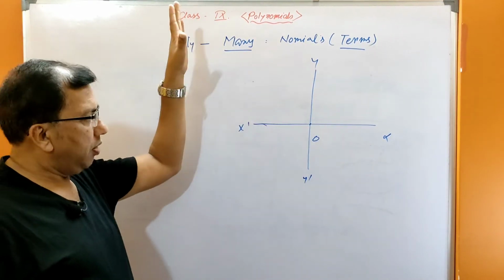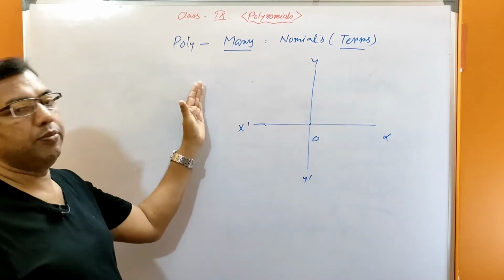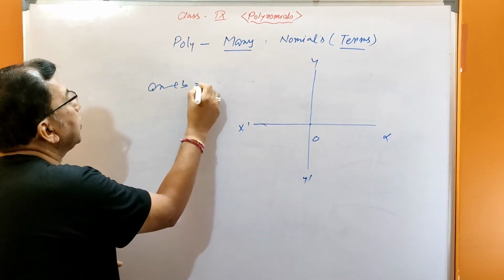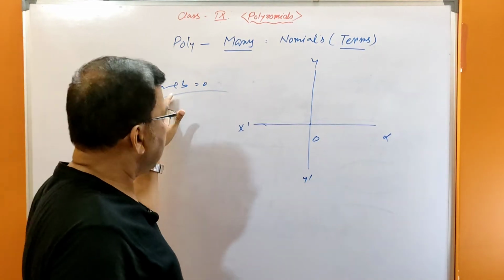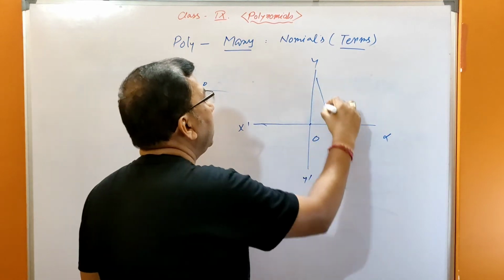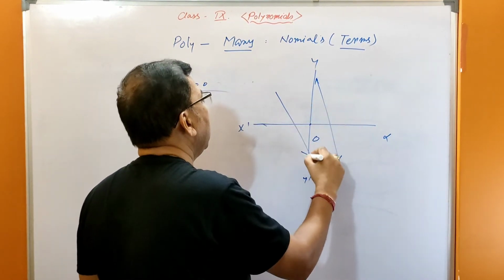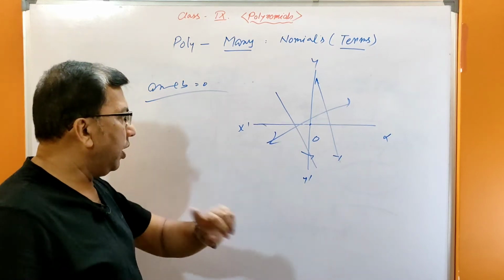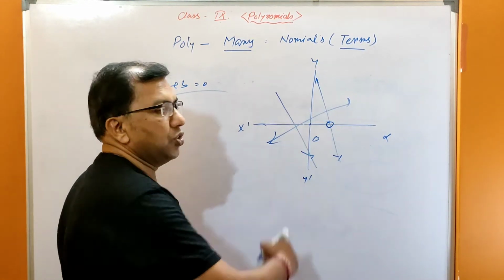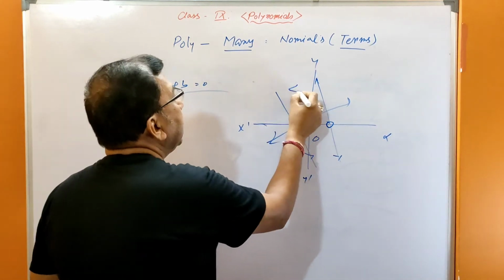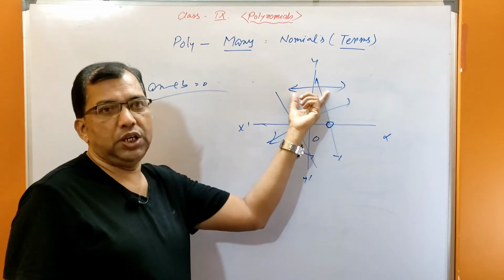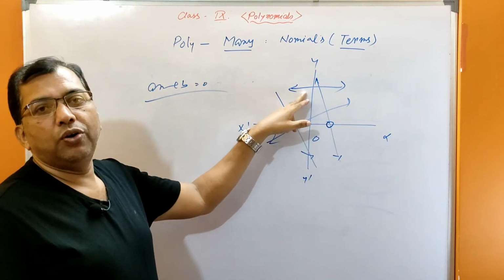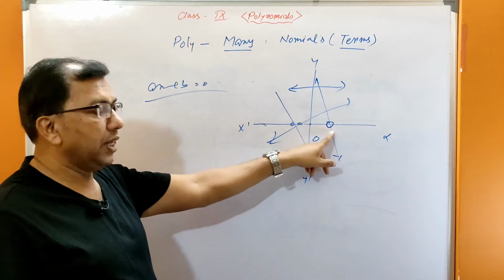The graph of the linear polynomial ax plus b equals 0 will be a straight line. Clear? That means it will cut the x-axis at a maximum of 1 point. It can also be like this, meaning there is no solution because it does not cut the x-axis. So in this case, no zeros, but the maximum number of zeros is 1, and it will be a straight line.